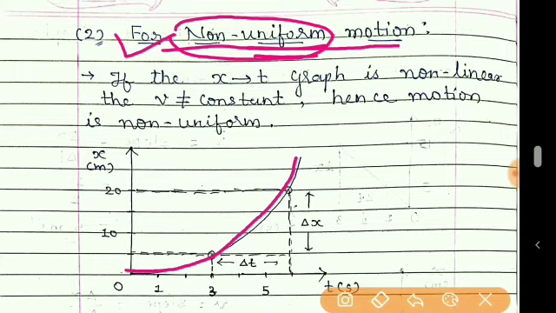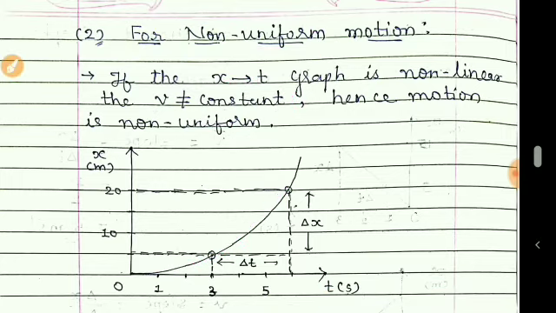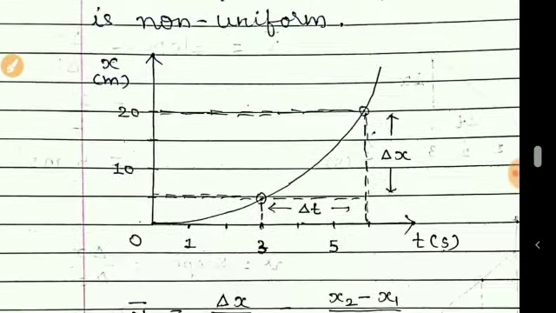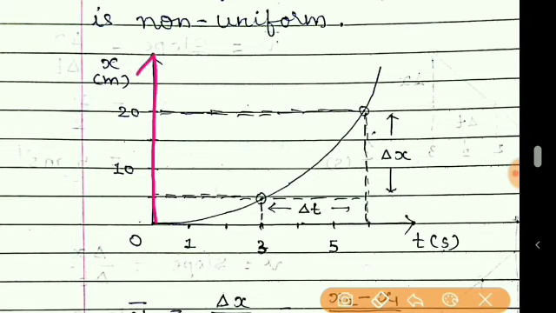Now whenever there is non-uniform motion, the velocity does not remain constant. So remember, v is not constant for this type of graph. Here a position time graph is shown. This shows position x, which is in meter, and this line shows time, which is in second.